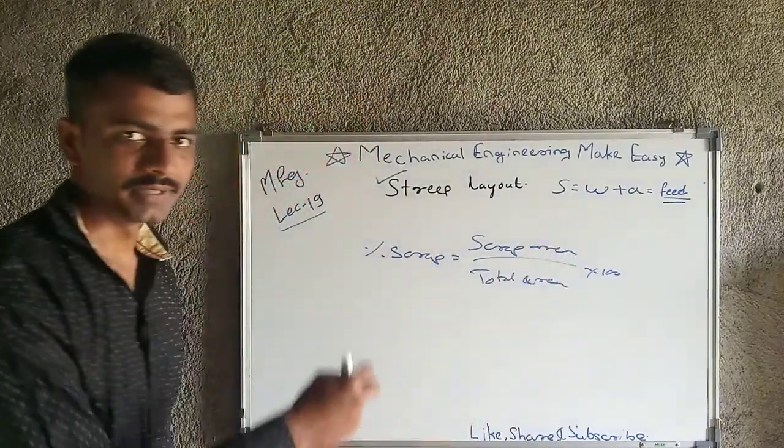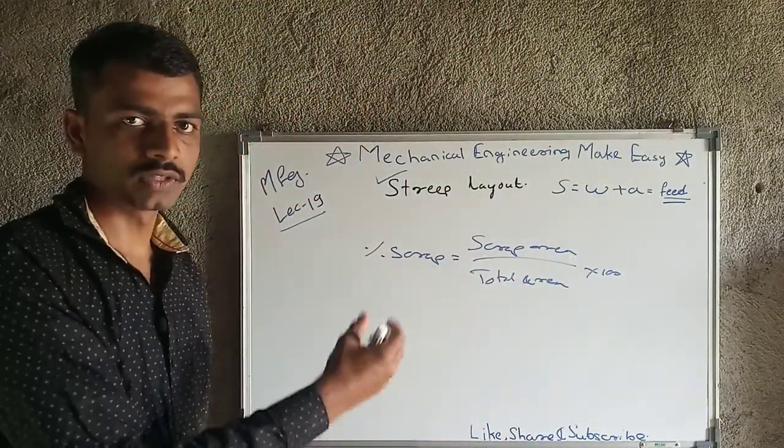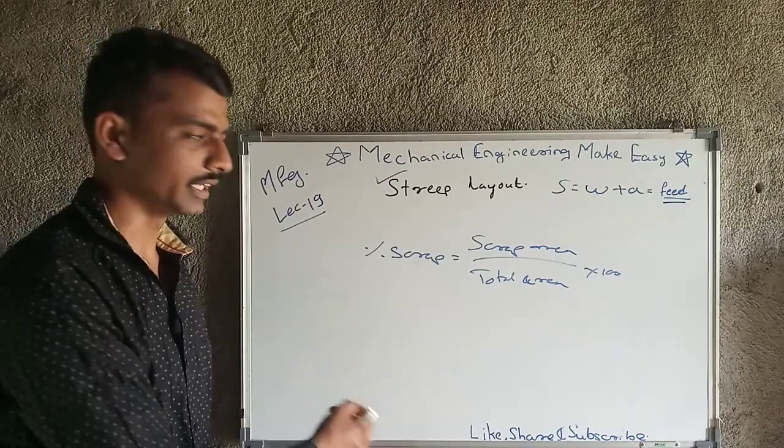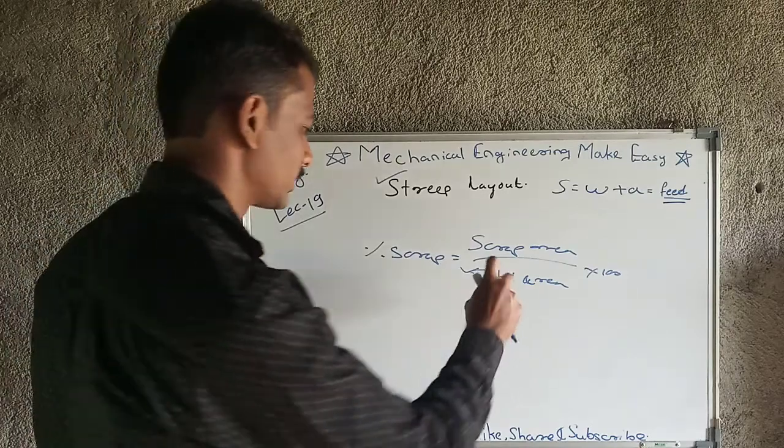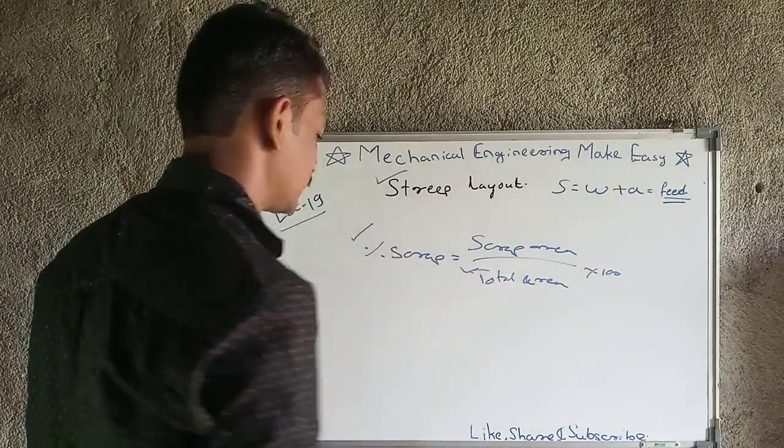Scrap area means the margins and all such portions will be counted in the scrap area, and total area of the sheet means directly length of sheet into width of sheet. So this is percentage of scrap.